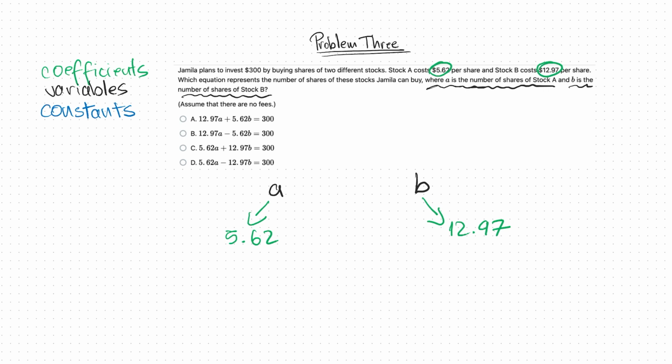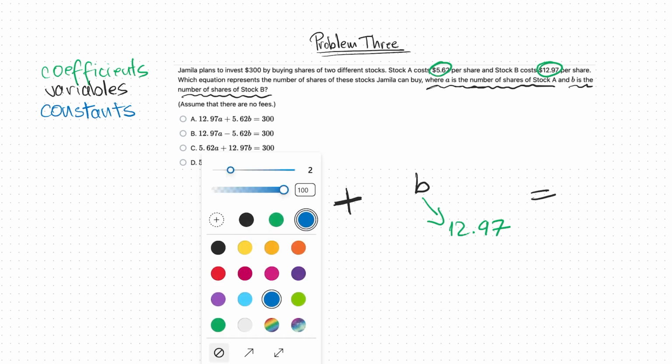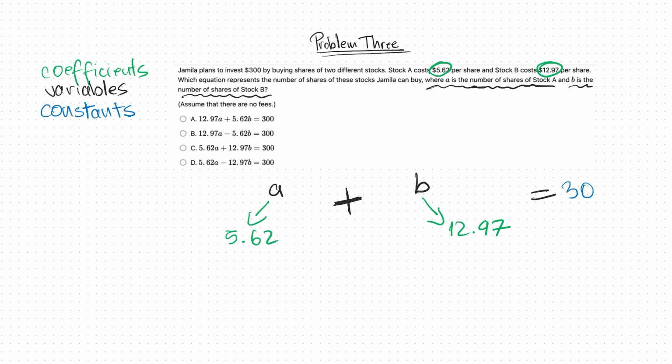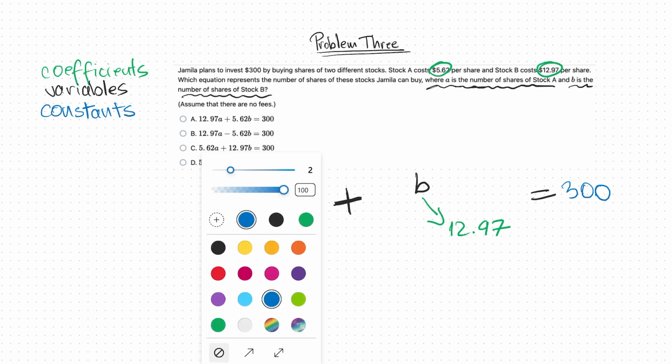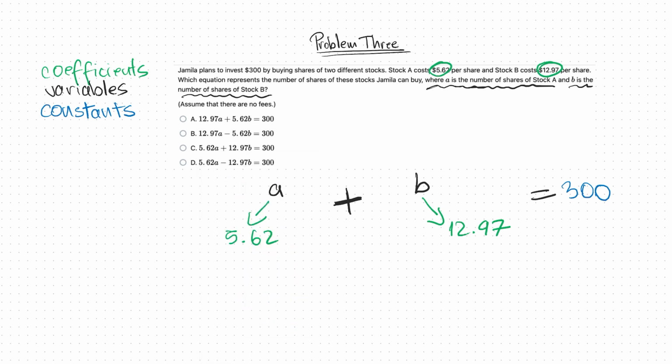As far as the operation between them is concerned, we are told that Jamila plans to invest $300 by buying shares of two different stocks. So this insinuates that if we're buying the shares of two different stocks, the operation would be addition, and it would equal $300. So let's write this out in a more math way.